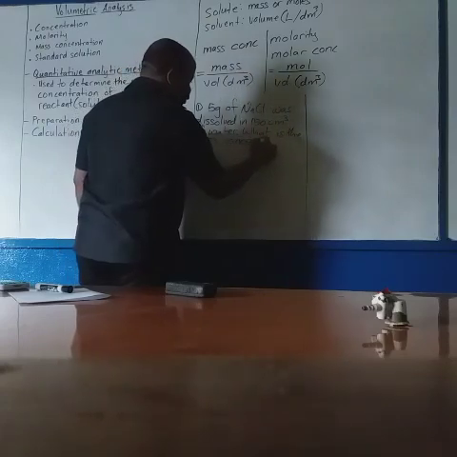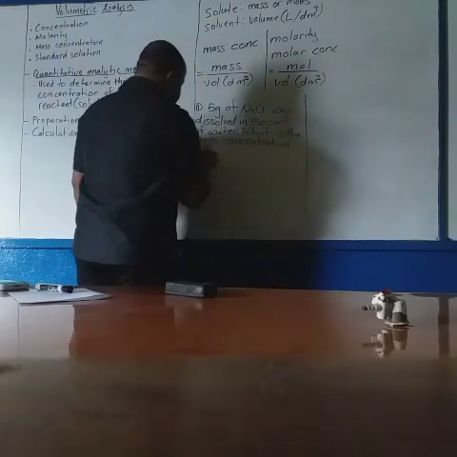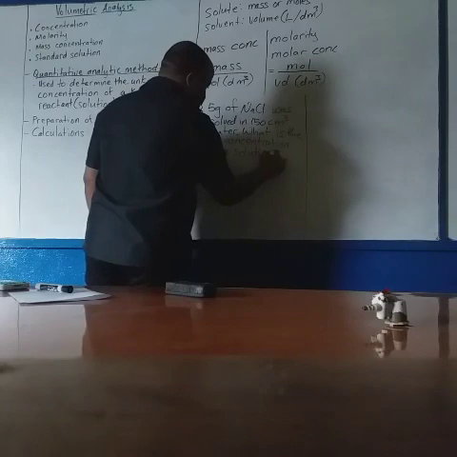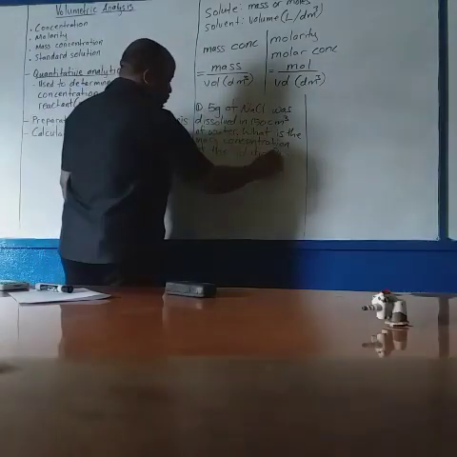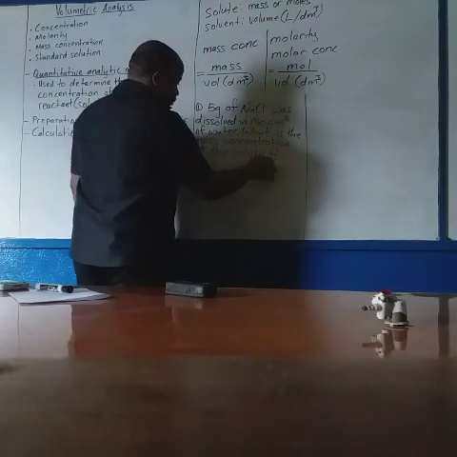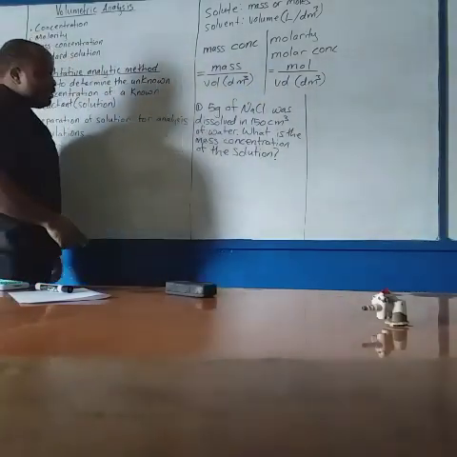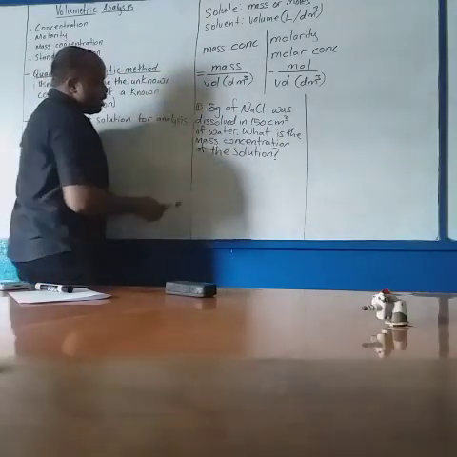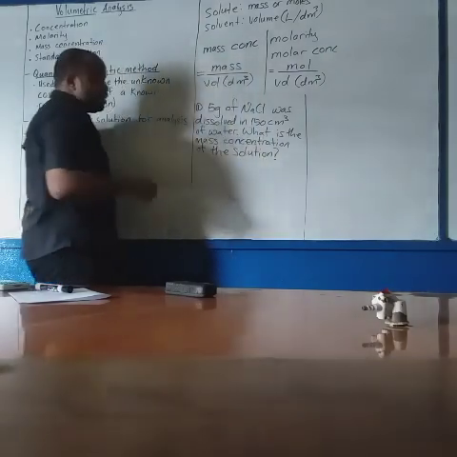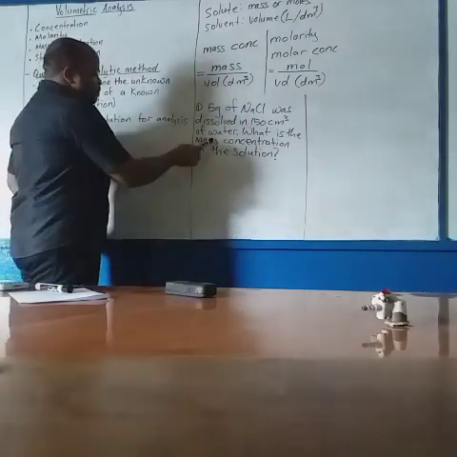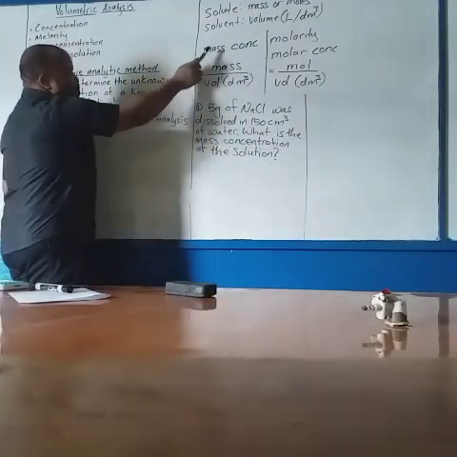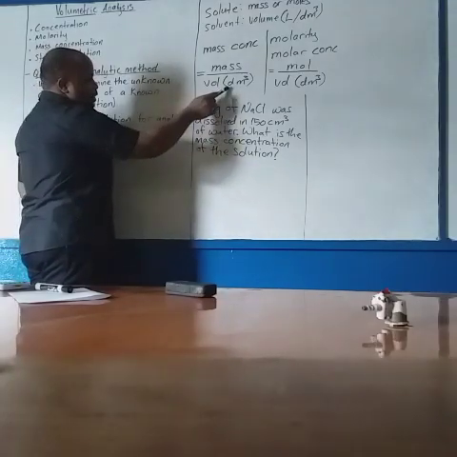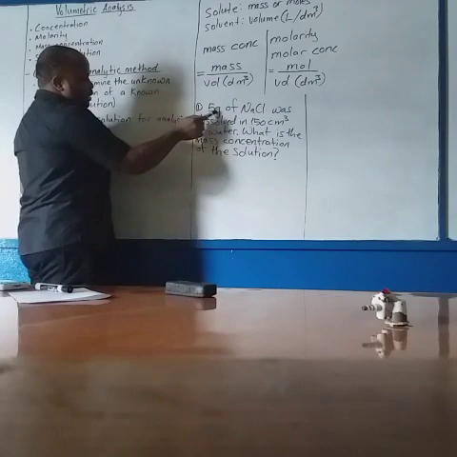What is the mass concentration of this solution? So here, the question gave you the mass of your solute, which is sodium chloride, and it gave you the volume of your solvent, which is water, and it asks you to find the mass concentration. Remember that mass concentration is mass over volume, and the volume must be in dm³, and the mass in gram.